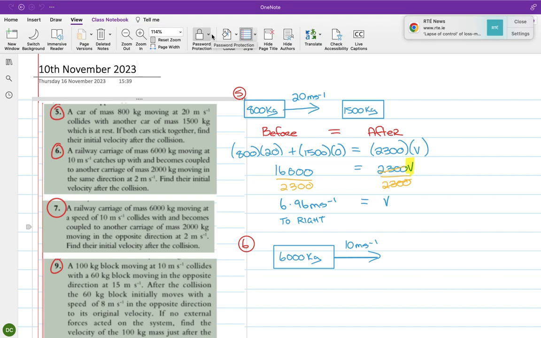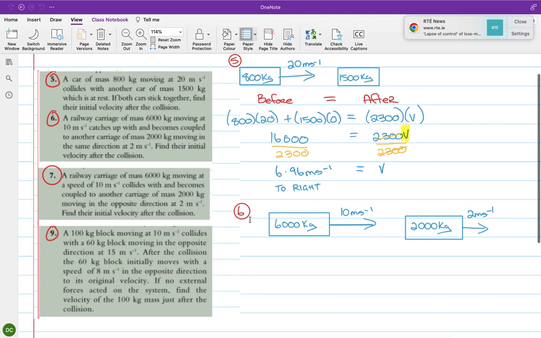It catches up to and becomes coupled with another carriage, 2,000 kilograms, moving in the same direction at 2 meters per second. Becoming coupled means they stick together.